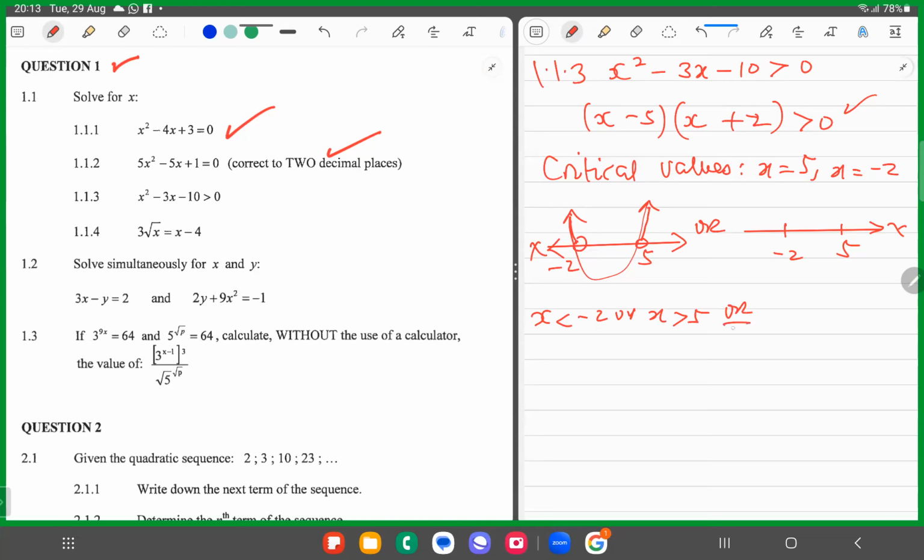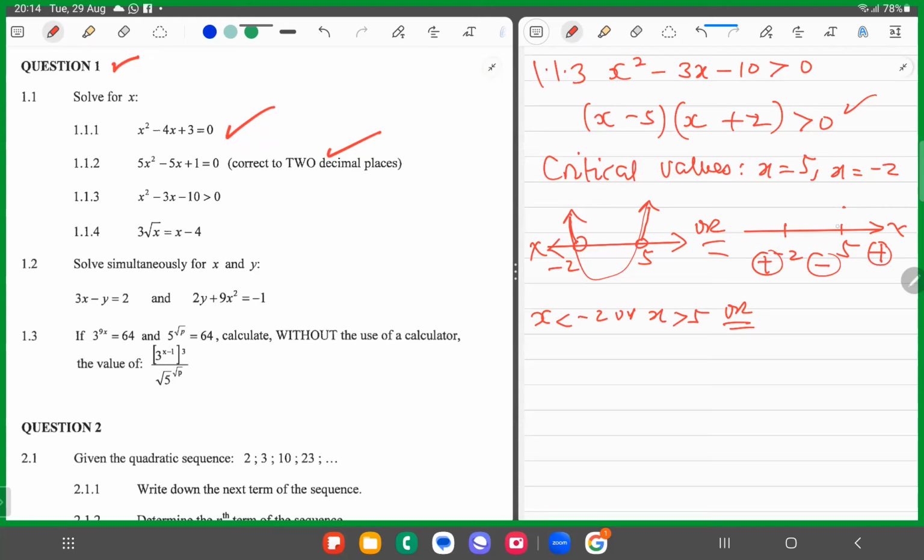Or if you don't want to do that, you can use a completely different method and use the number line. Where is this greater than 0? This number line will demonstrate that it is going to have a couple of signs here. It's going to be positive there, positive there, and negative in the middle. How do you see these signs? You just pick random numbers. A number bigger than 5, you plug it into the equation.